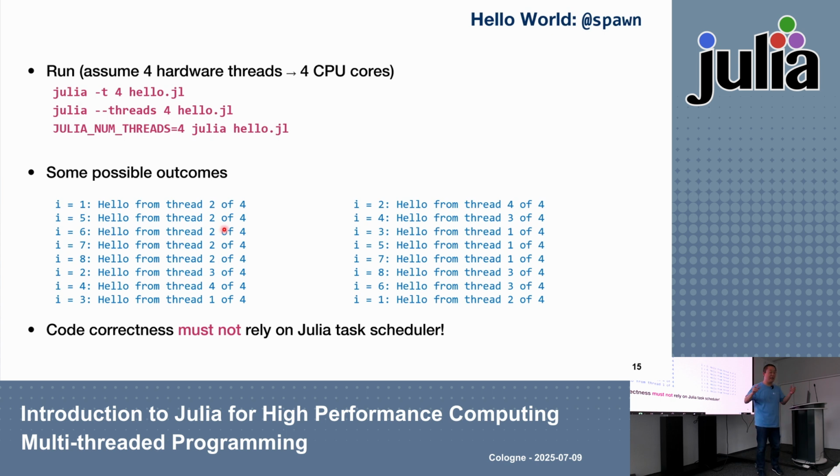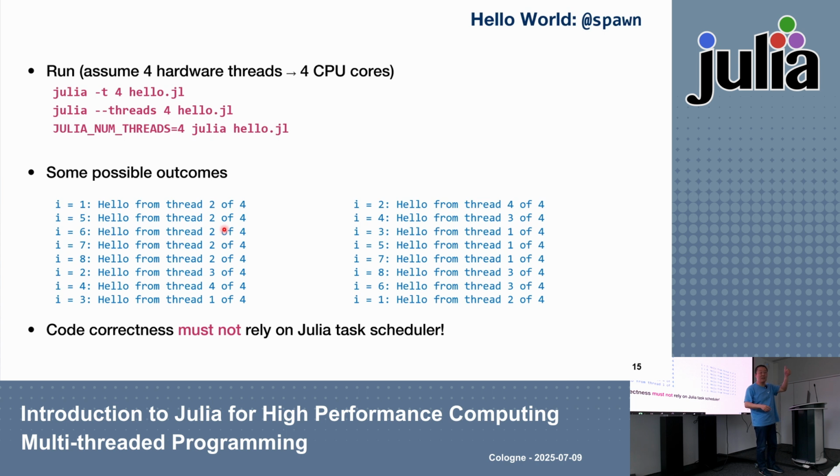Yes, I fully understand. That is why I'm spending so much time on those non-Julia concepts. As I said, the number of the tasks can be whatever number you want, and the number of the threads can be whatever number you want, and the scheduling is also dynamic.